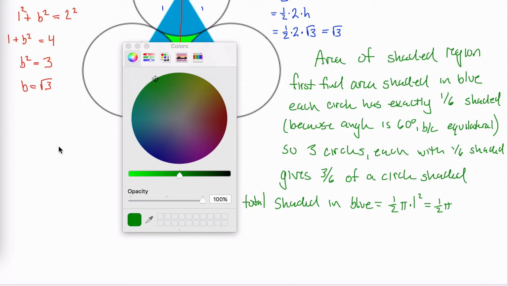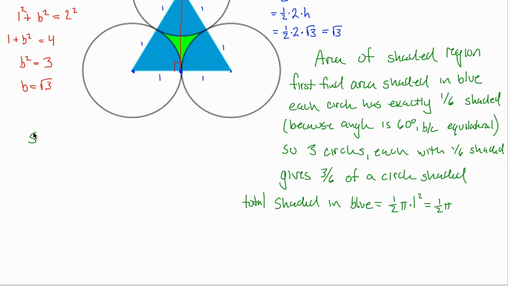So let's see, shaded in green is the square root of 3 minus 1/2 pi.